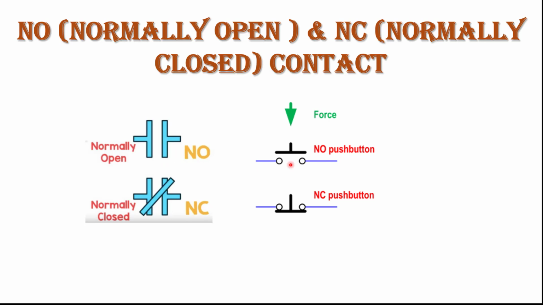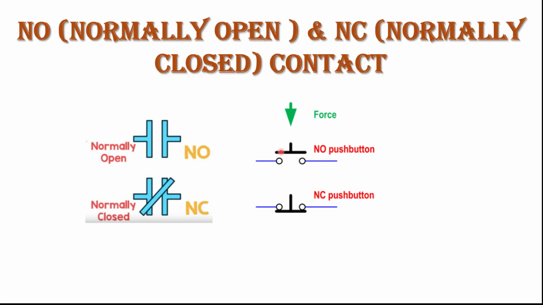NO contact means the push button is open, so this is called a normally open contact. If the push button is closed, it is shown in the form of an NC contact, just like this. So we change a NO contact into an NC contact by applying some force. If we close this push button, the NO contact converts into an NC contact.